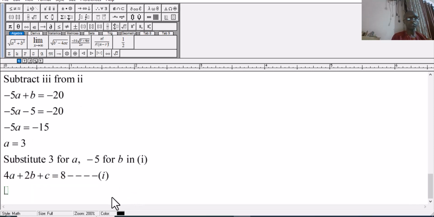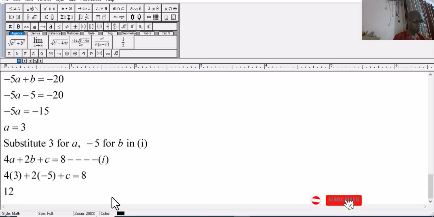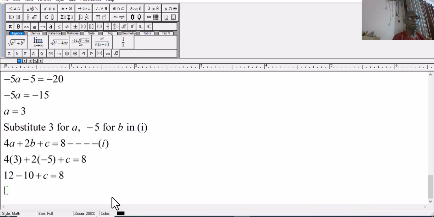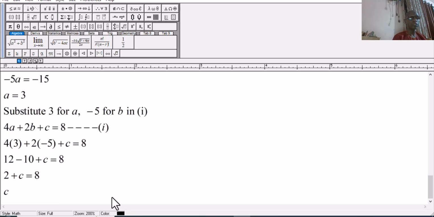So we are going to put these values: 4 into 3 plus 2 into minus 5 plus c equals 8. So this is 12 minus 10 plus c equals 8. This is 2, so we have 2 plus c is equal to 8. So our c is equal to 6. So we've gotten the value for our a and b and c.